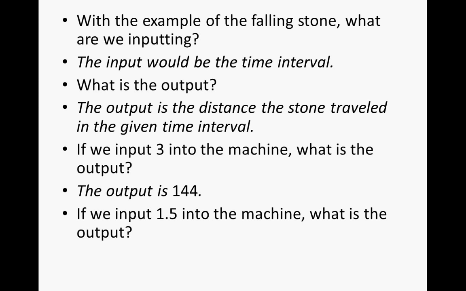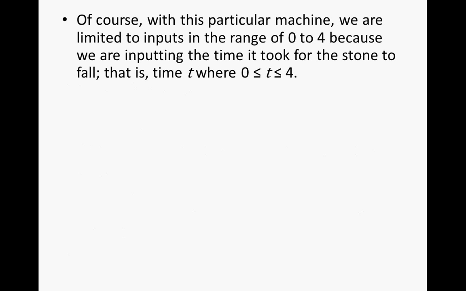And if we input 1.5 into the machine, what is the output? Well, the output is 36. Of course, with this particular machine, we are limited to inputs in the range of 0 to 4 because we are inputting the time it took for the stone to fall. That is, time t, where t is greater than or equal to 0 and less than or equal to 4.